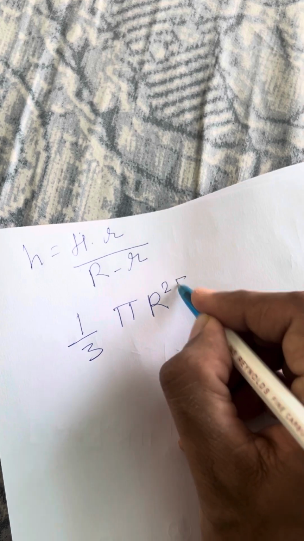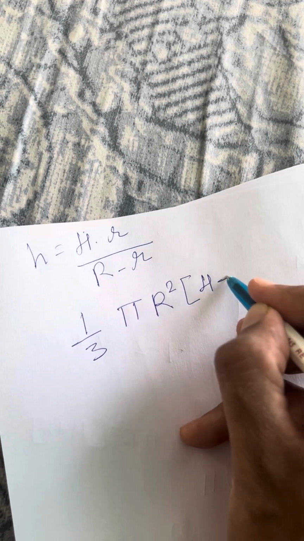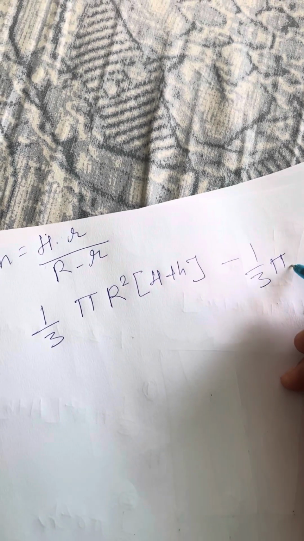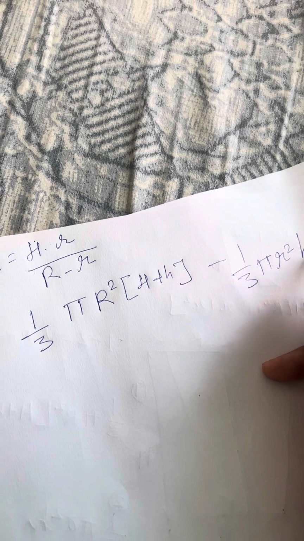Now with this in hand, let's go back and revisit our formula, which was 1 by 3 pi R square (H plus h) minus 1/3 pi r square h, if you remember that from the previous discussion.